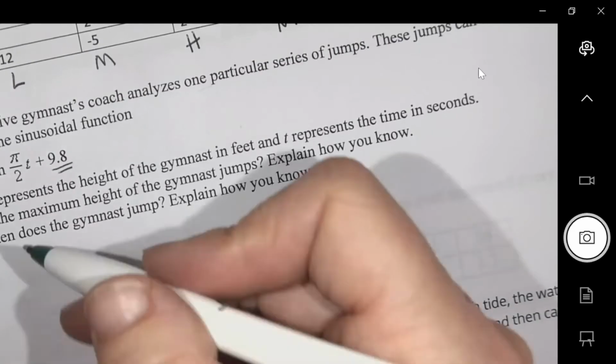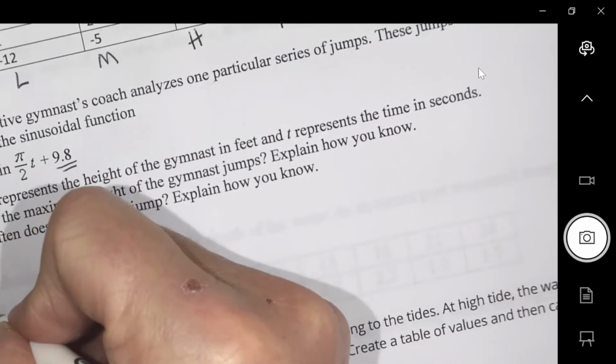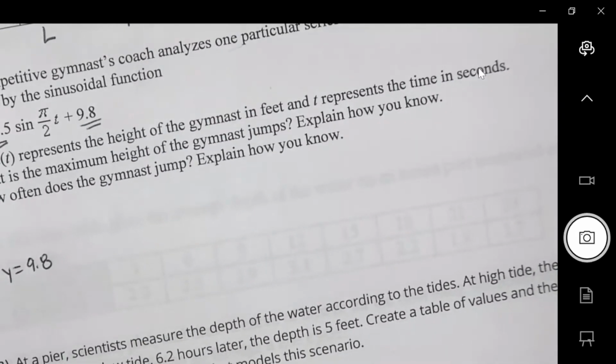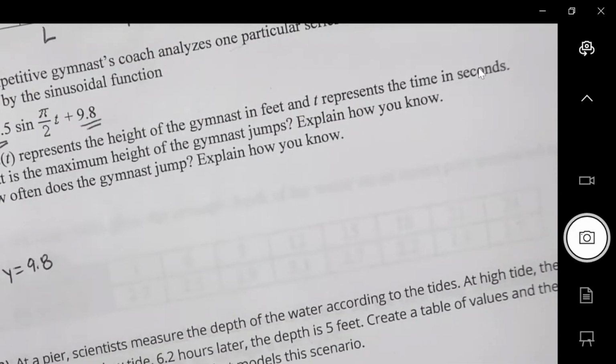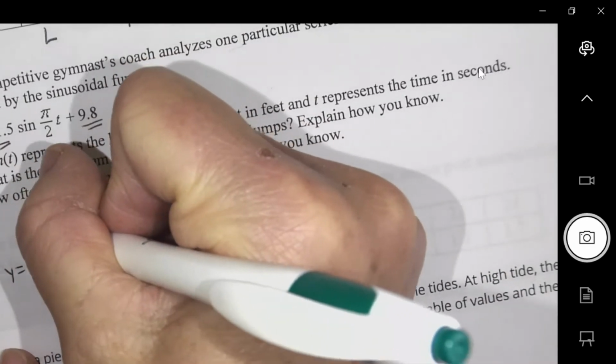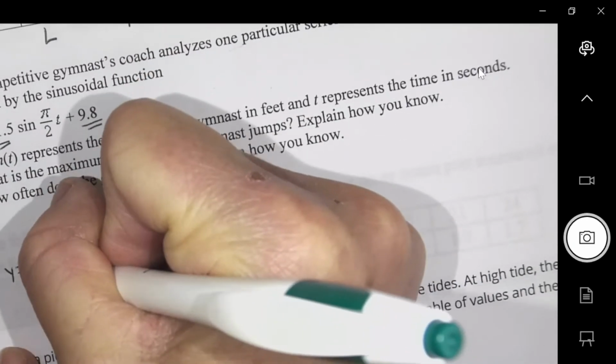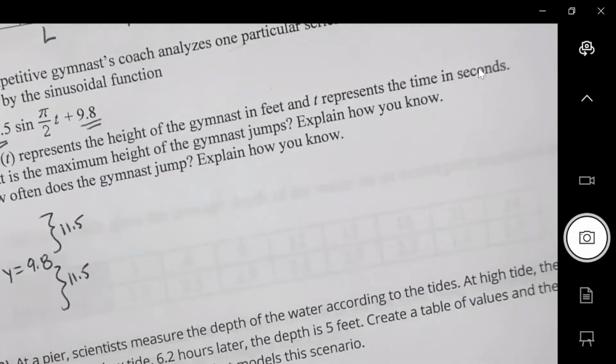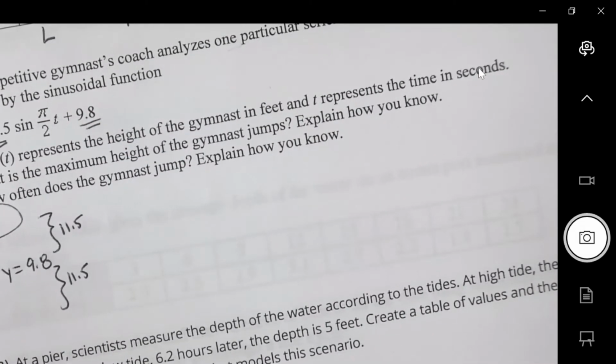So 9.8 is my middle. So I'm taking this equation, 9.8 is my middle. 11.5 is my amplitude. So what I'm trying to figure out is the max height. So what do you eventually get to up there?